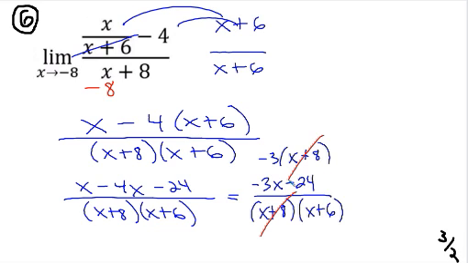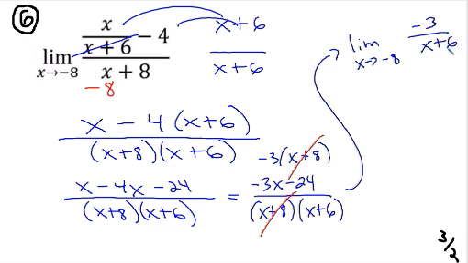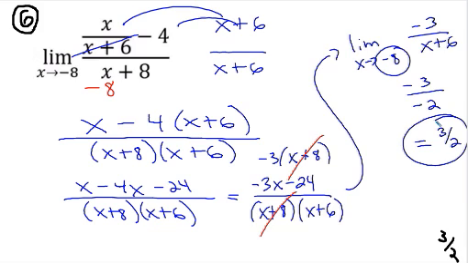And so now I just get to evaluate the limit as x approaches negative 8 of negative 3 over x plus 6. Now you can plug in your negative 8. You have negative 3 over negative 2, which is the answer we were looking for, 3/2.